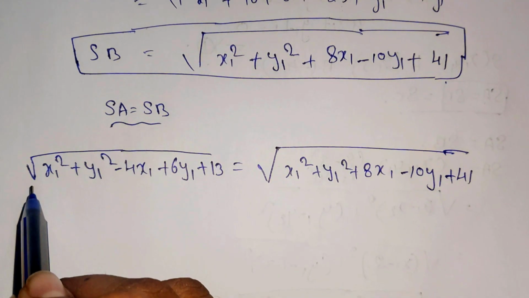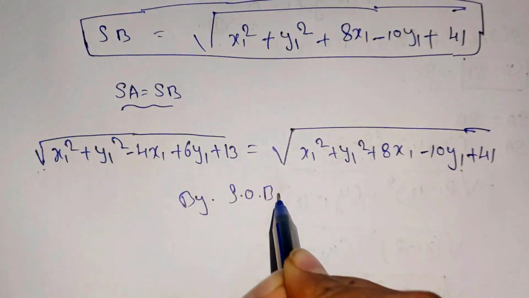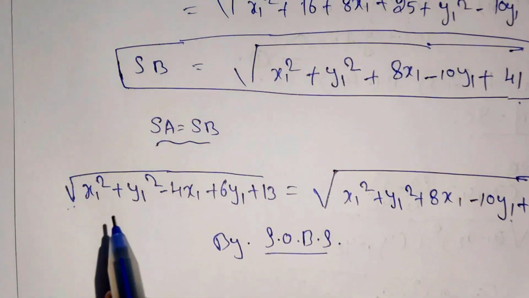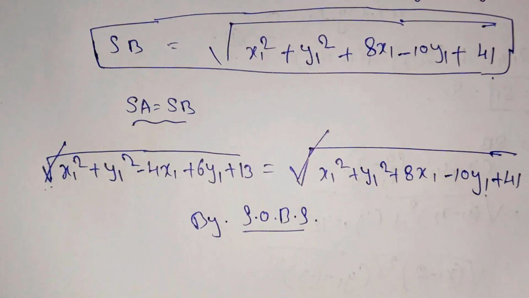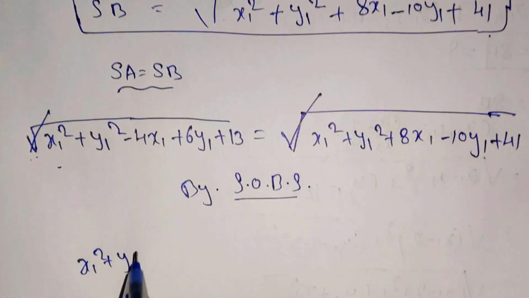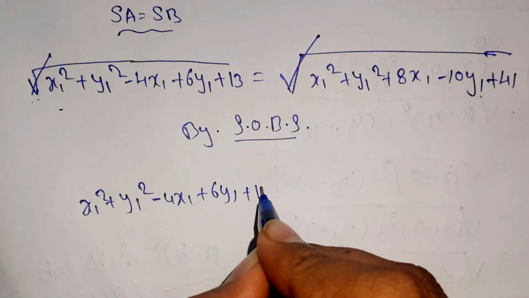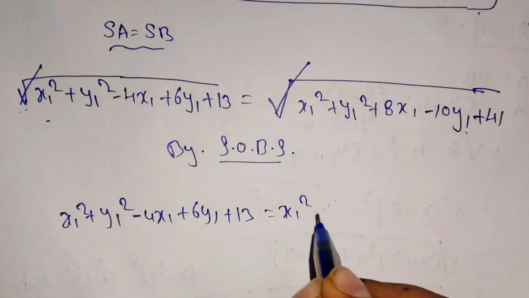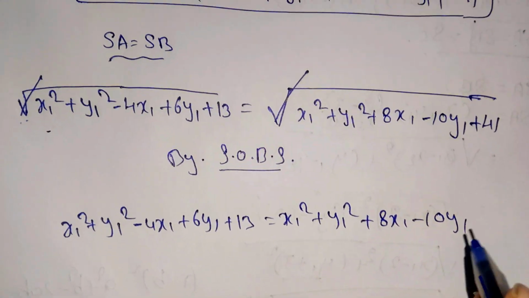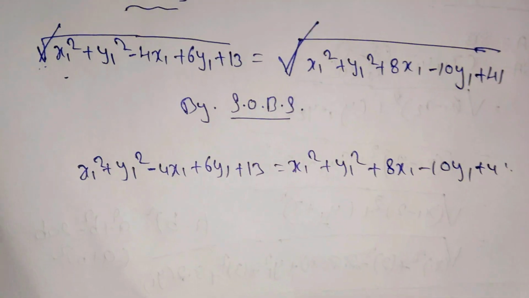So for eliminating the root, we square on both sides. After squaring on both sides, the square root gets cancelled. What is the remaining equation here? x1 square plus y1 square minus 4x1 plus 6y1 plus 13 equal to x1 square plus y1 square plus 8x1 minus 10y1 plus 41.